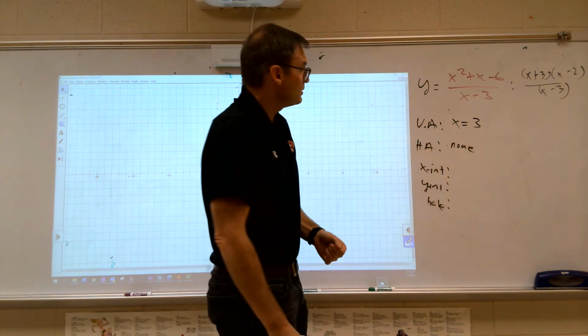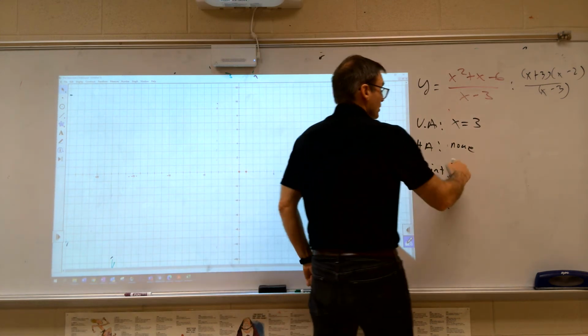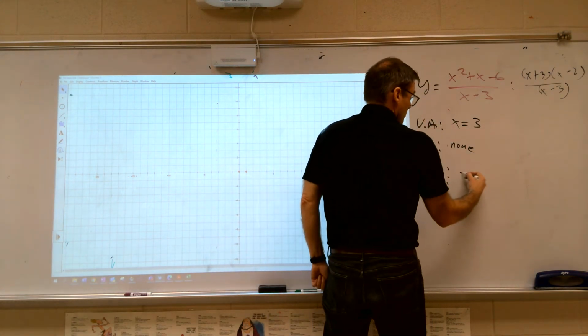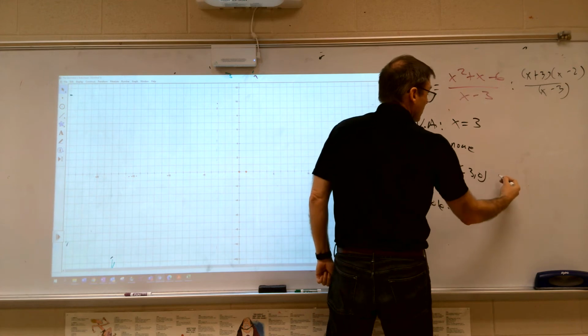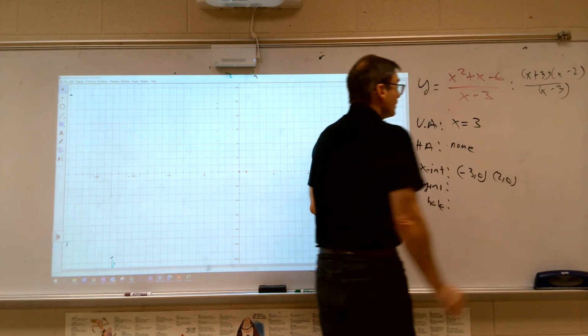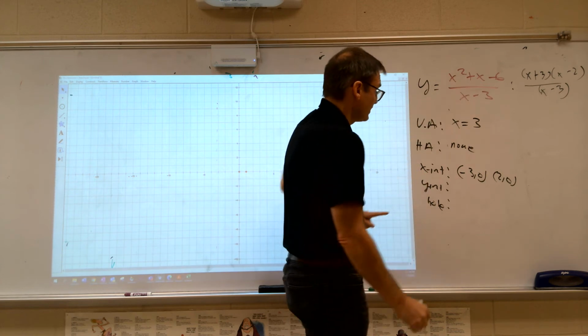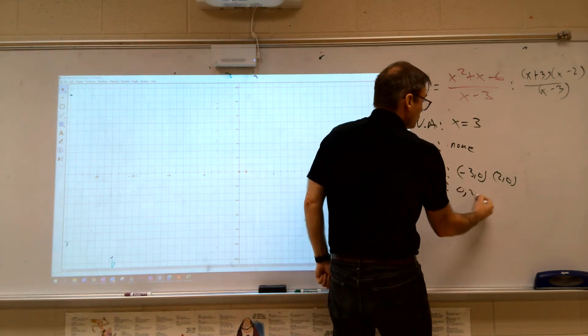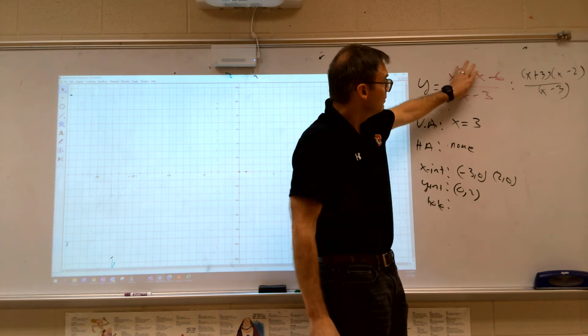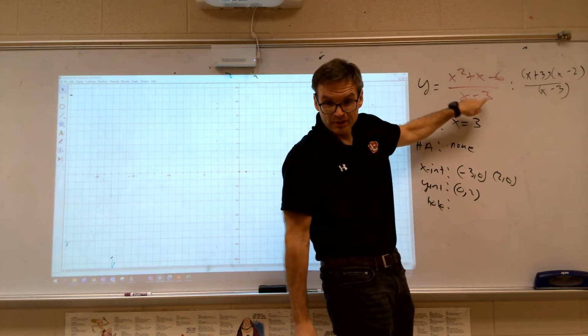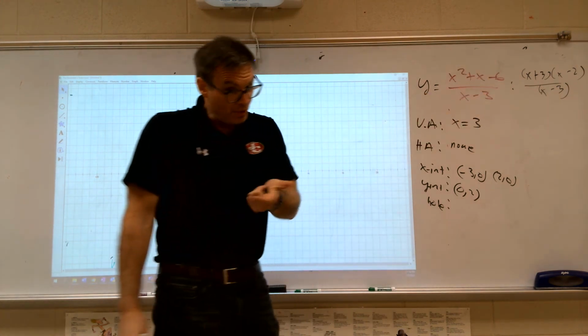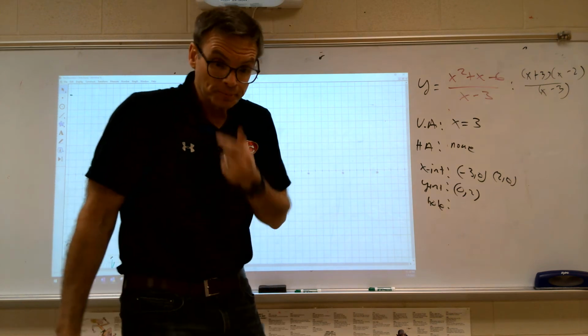As far as x-intercepts, we're going to have x-intercepts at negative 3, 0 and 2, 0. As far as y-intercepts go, when I plug in 0, I end up with a y-intercept at 0, 2. Negative 6 over negative 3 just gives me a positive 2. There are no holes because nothing canceled.